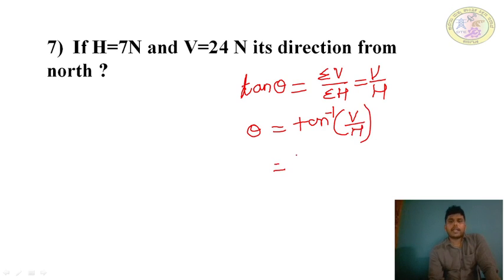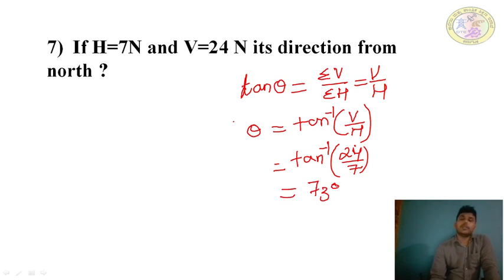Here, tan inverse of 24 divided by 7, which will be equal to 73 degree 40 minutes.